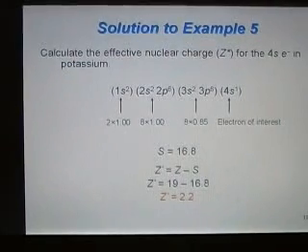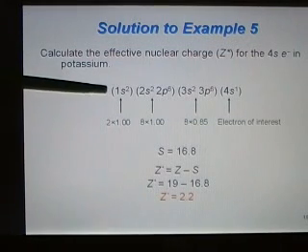So the answer to example 5, where we're calculating the effective nuclear charge for a 4s electron in potassium, starts with writing the electron configuration and grouping the different orbitals appropriately.